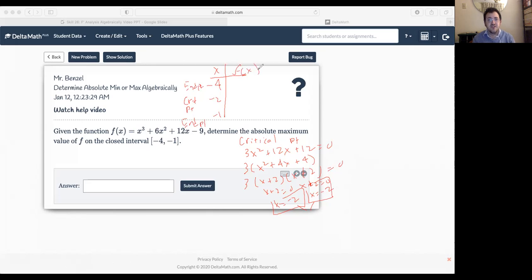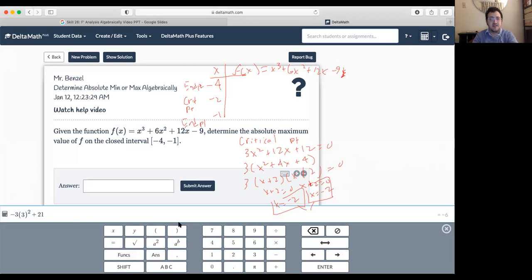I'm going to do f of x, not f prime of x, because I want to see what my y values are. So I could just go to my handy dandy calculator.